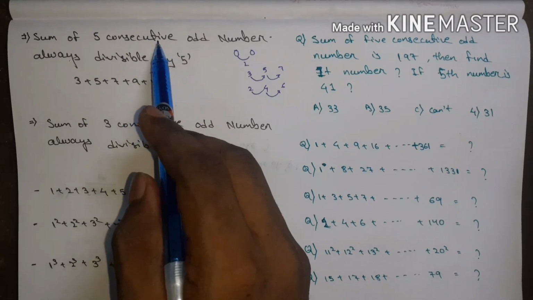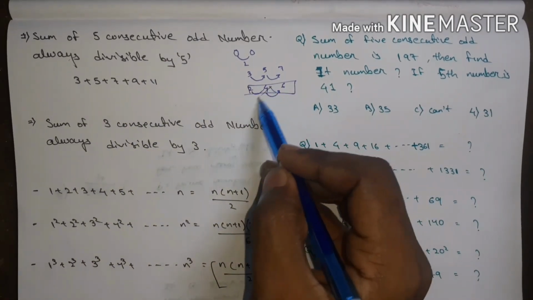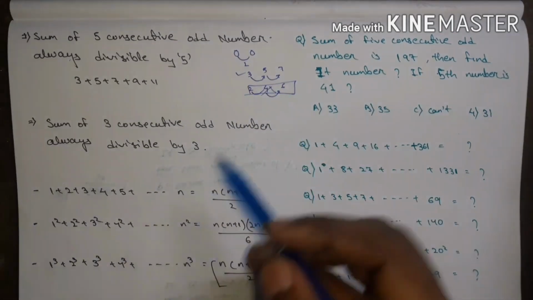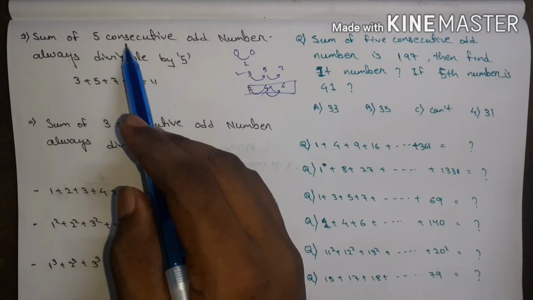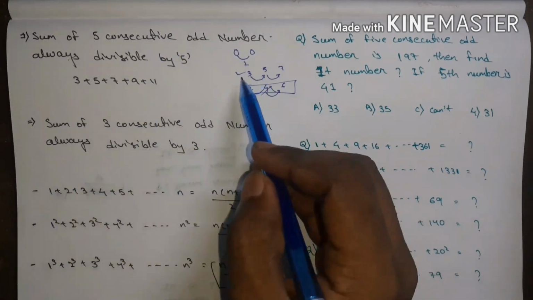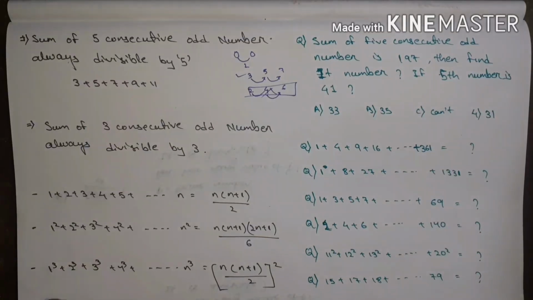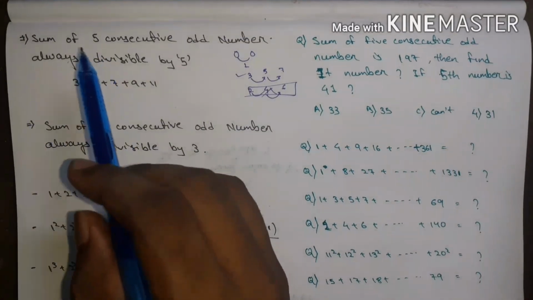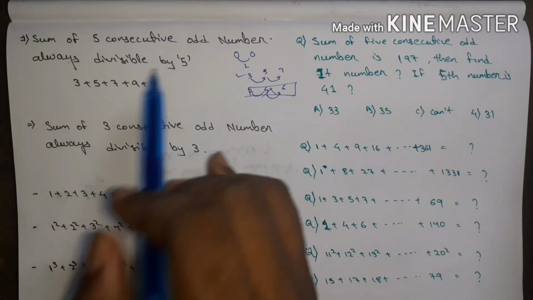Sum of 5 consecutive odd numbers. It is not for even, it's only for odd numbers. Here it is given that the sum of 5 consecutive odd numbers is always divisible by 5. Understand? The sum of 5 consecutive odd numbers is always divisible by 5.